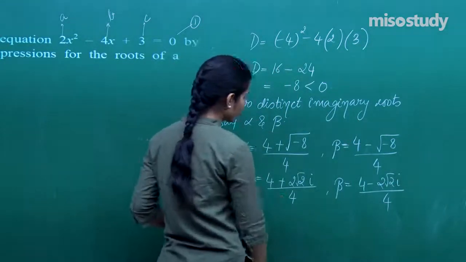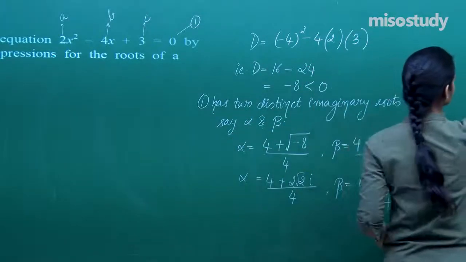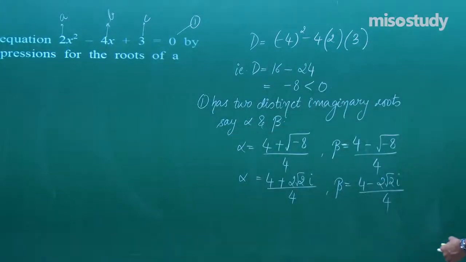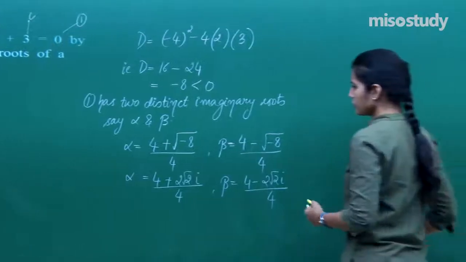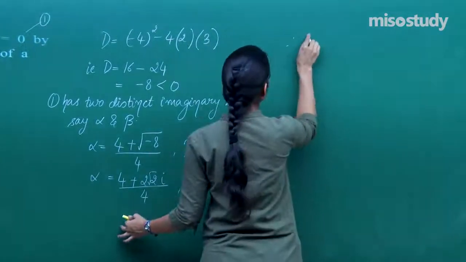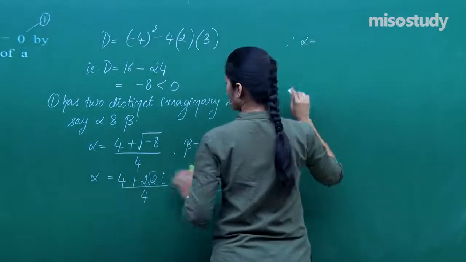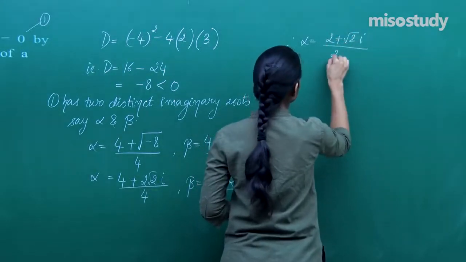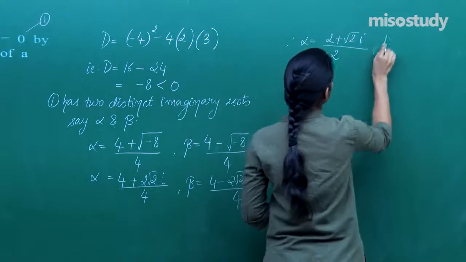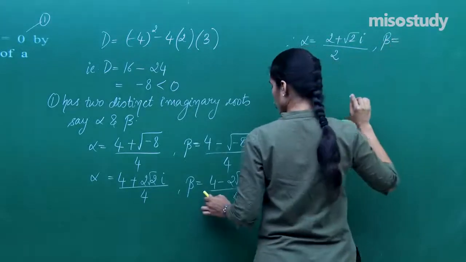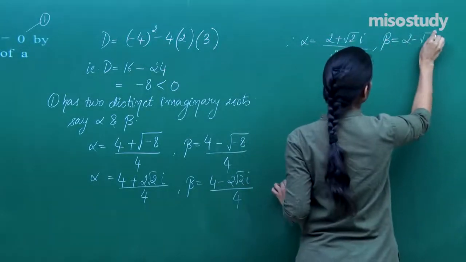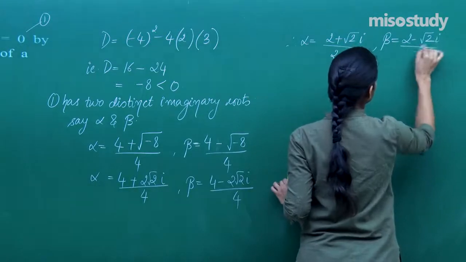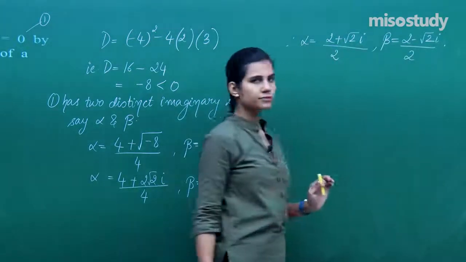Obviously 2 can come out common from the numerator. What will you be left with? You are left with 2 plus root 2 i whole upon 2, and beta is 2 minus root 2 i whole upon 2.